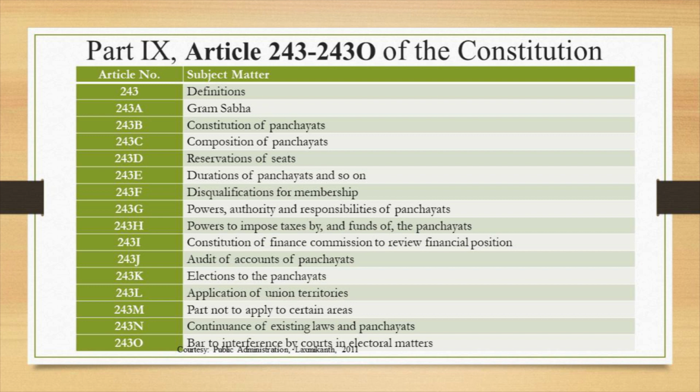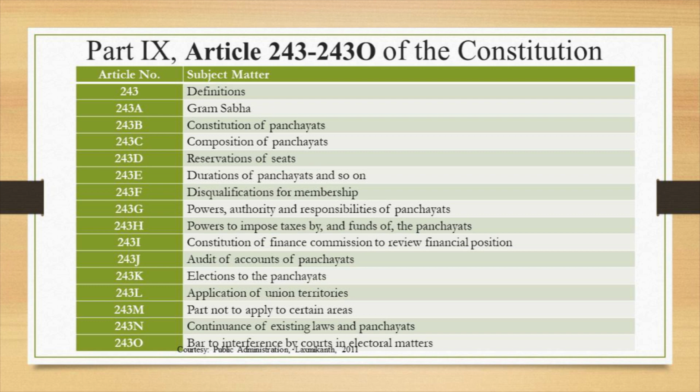This article provides for the constitution of a finance commission by the governor of the state, which shall review the financial position of the panchayats and also make recommendations to the governor on the principles that should govern the distribution of tax proceeds between the state and the panchayats, the determination of taxes, duties, tolls, fees that may be assigned to or appropriated by the panchayats, the grants-in-aid to be given to the panchayats by the state, the measures needed to improve the financial position of the panchayats, and also any other matter referred to the commission by the governor.